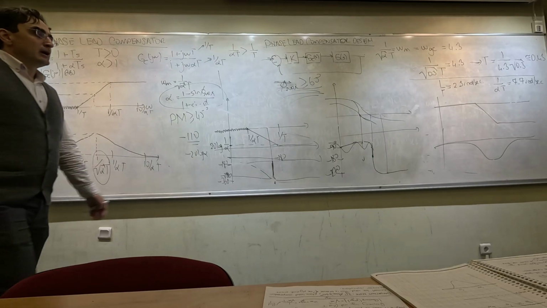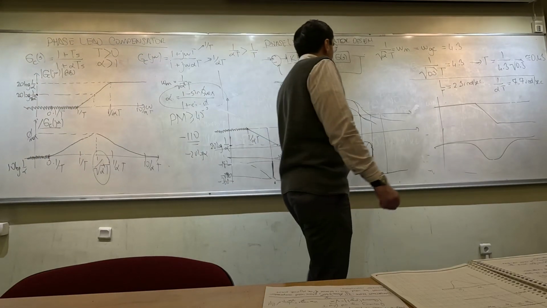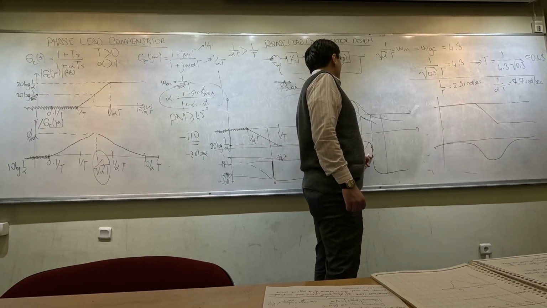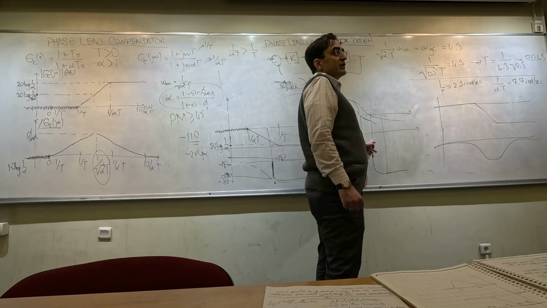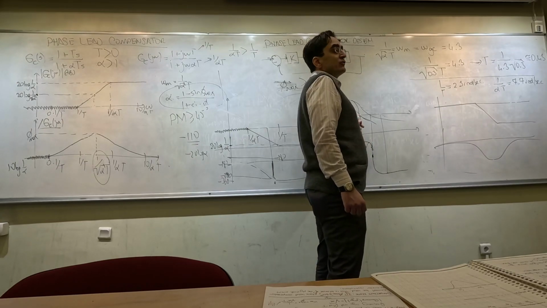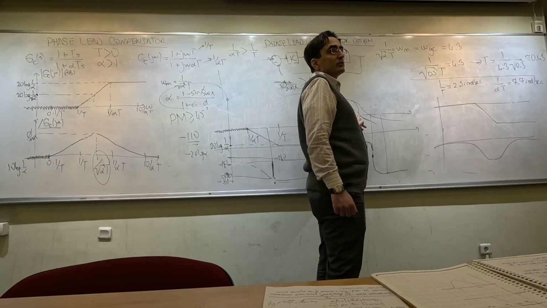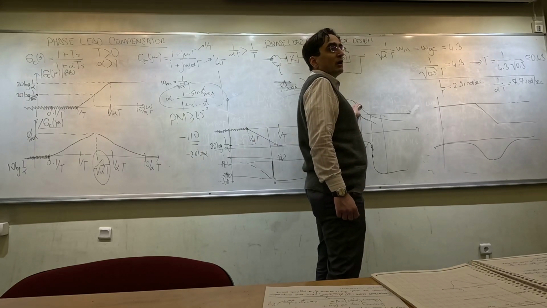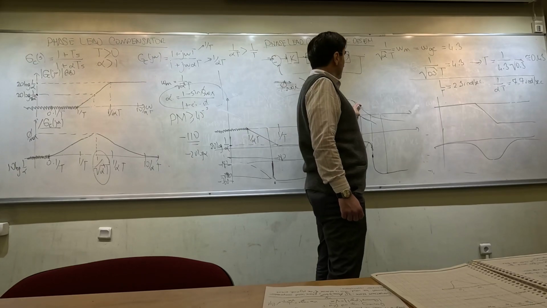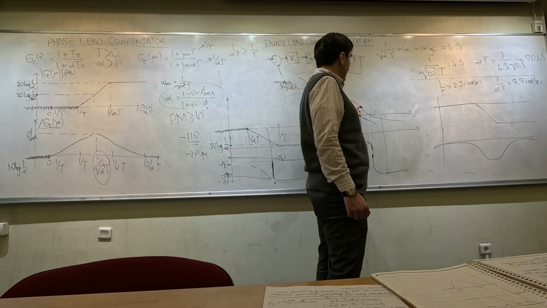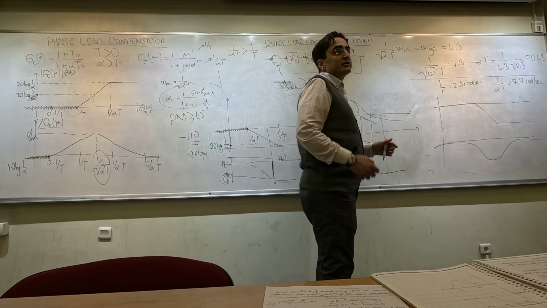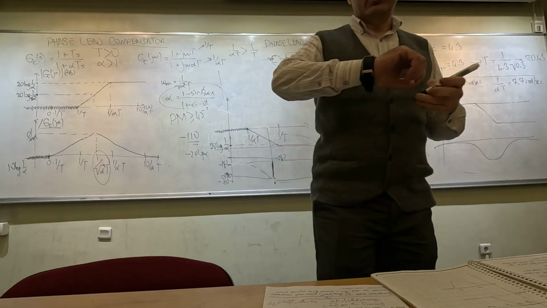Okay? And then what we are going to do in our design is that I will just try to get the required phase margin by adjusting the gain crossover frequency here. I will know how much I will have to decrease the gain in order to reach the desired phase margin value.